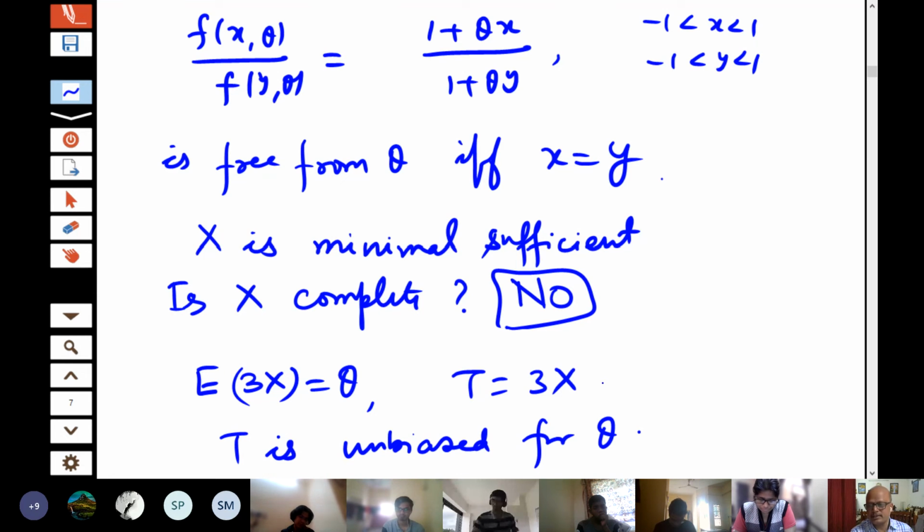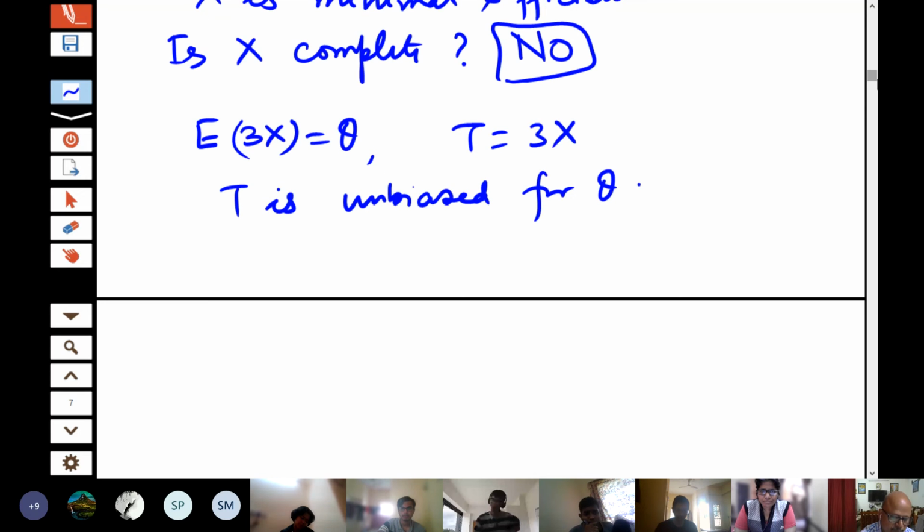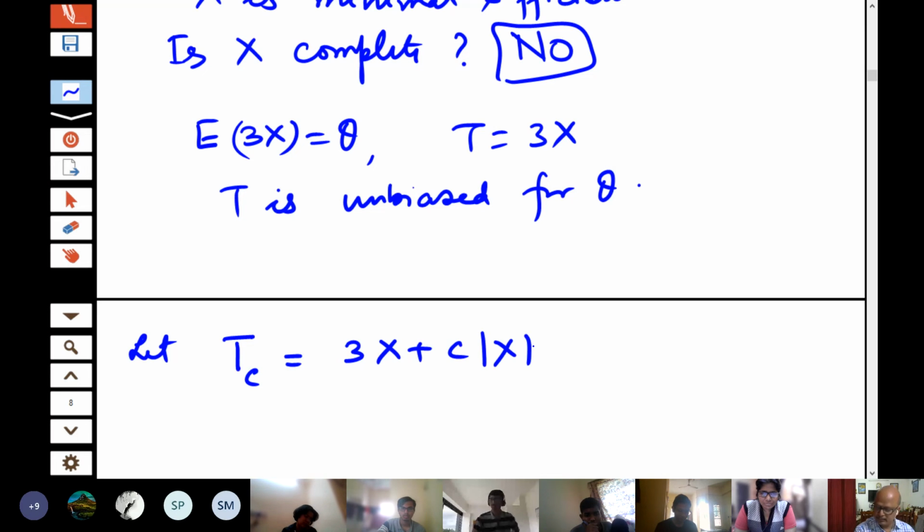But I cannot say that it is UMVUE, because x is minimal sufficient but it is not complete. So the Rao-Blackwell-Lehmann-Scheffe theorem cannot be applied here. Anyway, I will give you some further exercise. Let us define another estimator. I will call it Tc. Tc is equal to 3x plus c times mod of x.